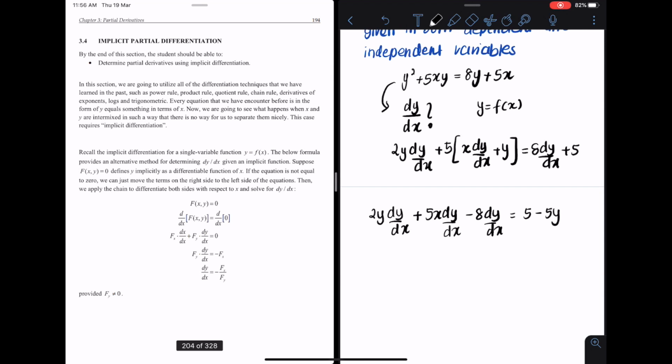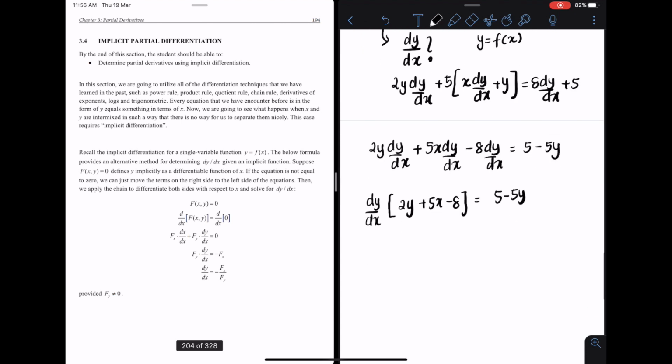By factoring dy dx, I will get dy dx times 2y plus 5x minus 8 equal to 5 minus 5y, and dy dx equal to 5 minus 5y divided by 2y plus 5x minus 8.